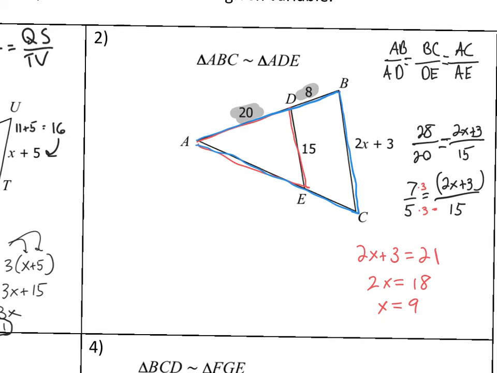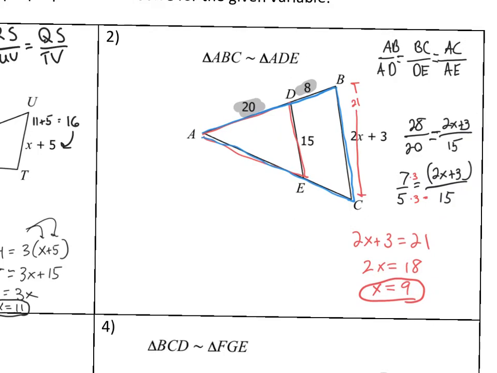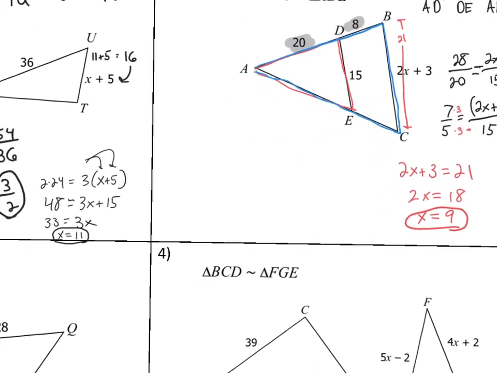Now, if we were to put this back in, it would be 2 times 9, which is 18, and 18 plus 3, which is 21. This whole BC would be 21. And that's fine, but what we really needed to find was x equals 9, and our scale factor was 7/5. That's the larger ABC to ADE.